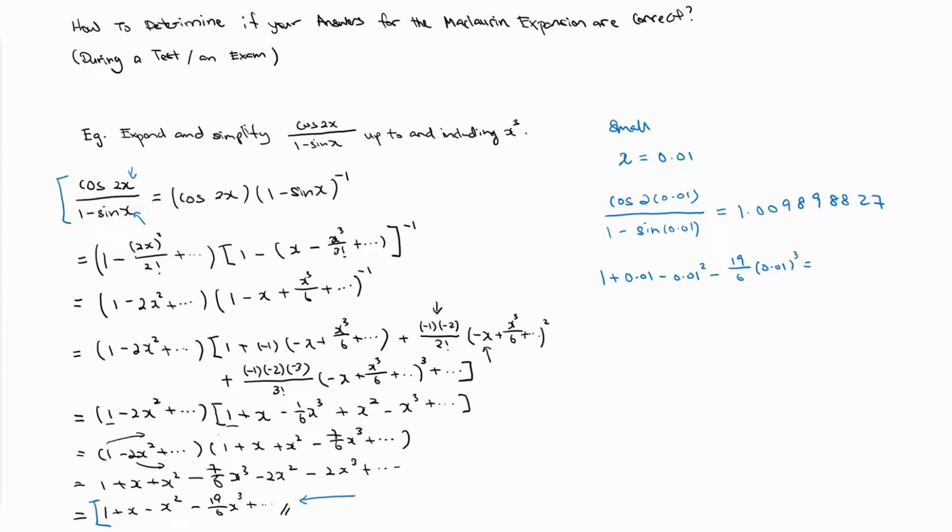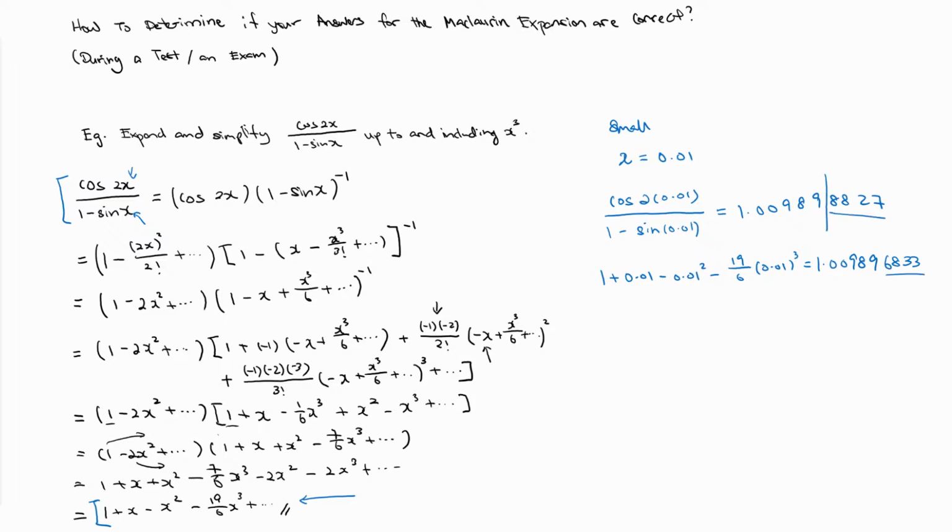We have 1 plus 0.01 minus 0.01 squared minus 19 over 6, 0.01 cubed. Let's see what the value is. Equals, and we get 1.0098986833.